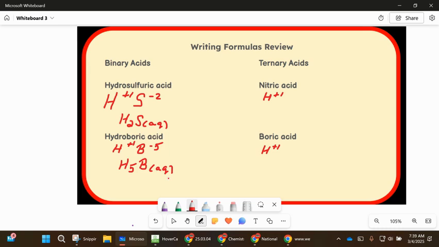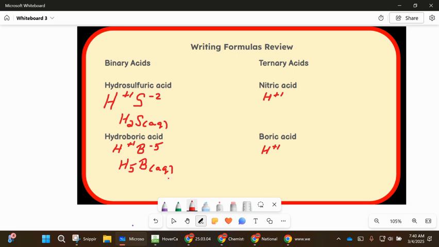Okay, let's now go to a ternary acid. Ternary acid has to have a polyatomic involved, meaning you are going to have to turn your periodic table over to the back side. By the way, hydroxide can never be in an acid, because what would hydroxide become if you put it with hydrogen?